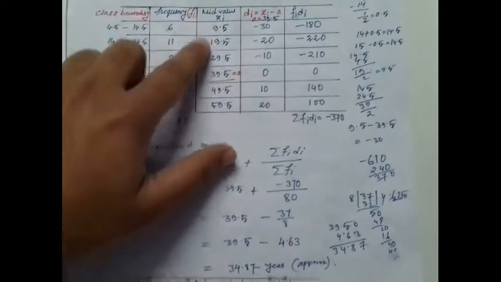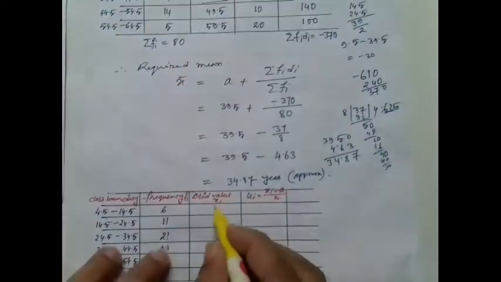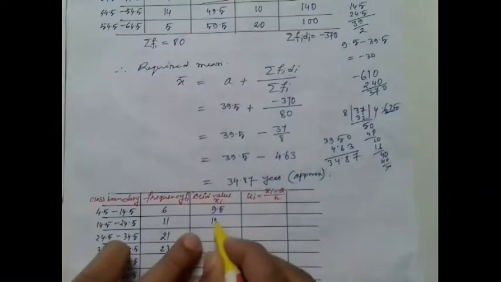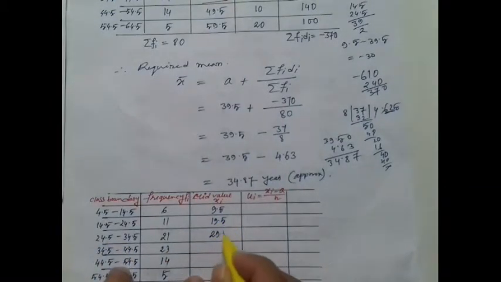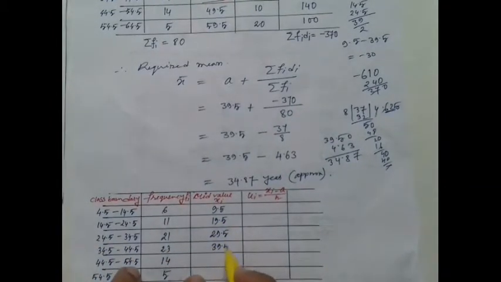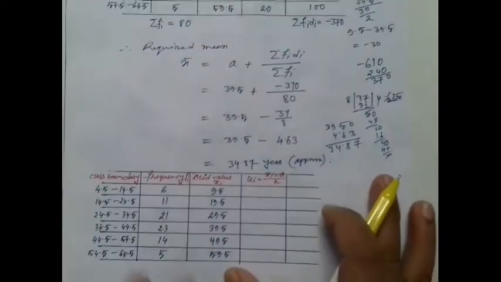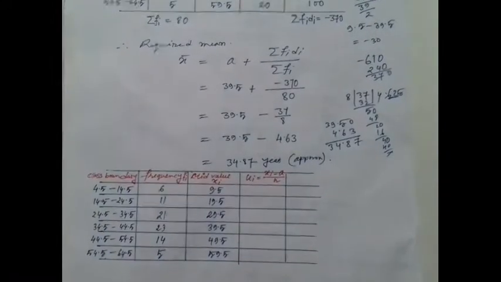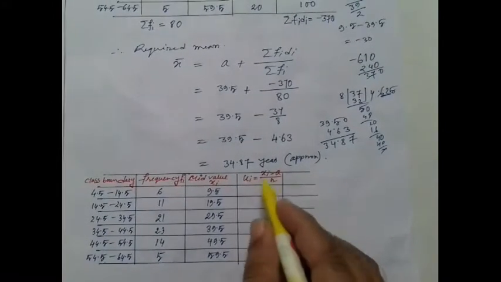Mid value we can write from the previous table, as there is no change in mid value: 9.5, 19.5, 29.5, 39.5, 49.5, and finally 59.5. Now we have to concentrate here. That is ui, xi minus a by h.